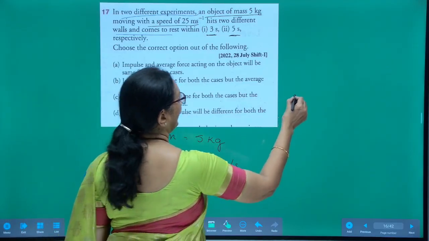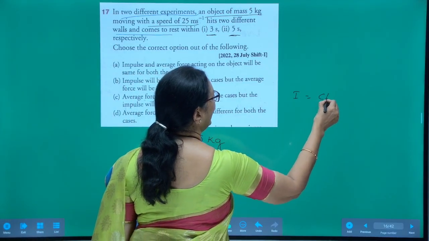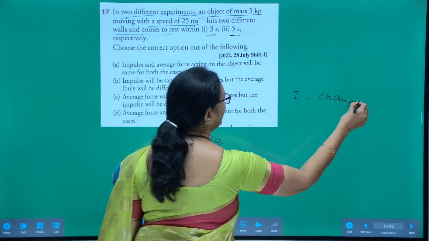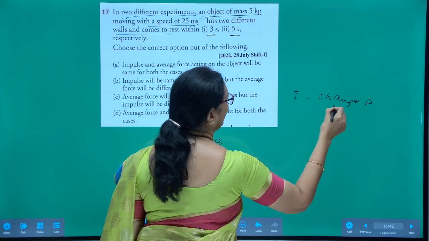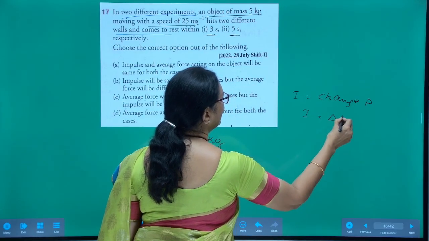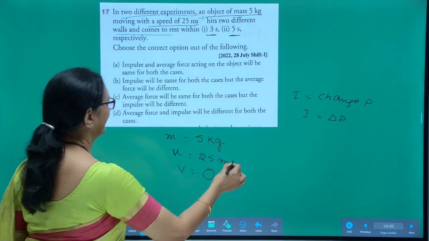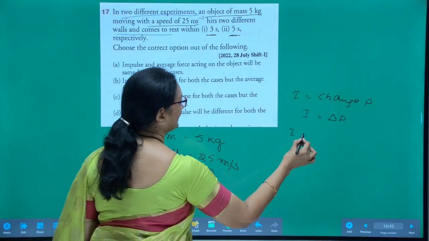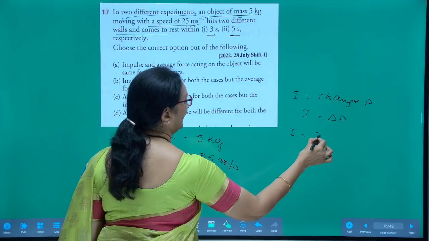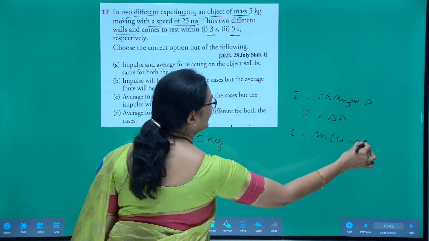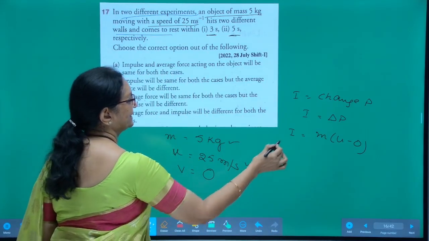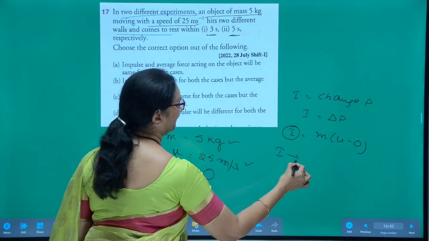See here, impulse is change in momentum. Very obviously, this is I equals m into u minus 0. In both cases, impulse is same.